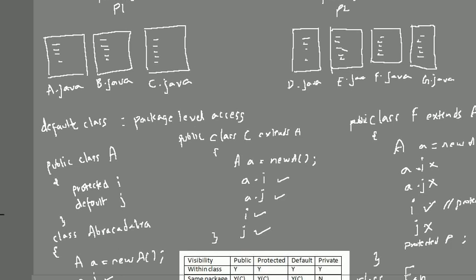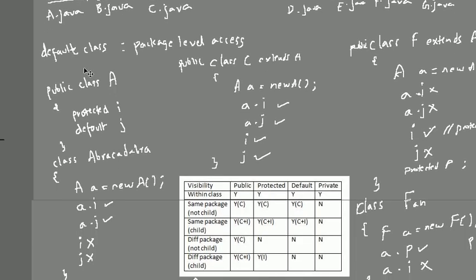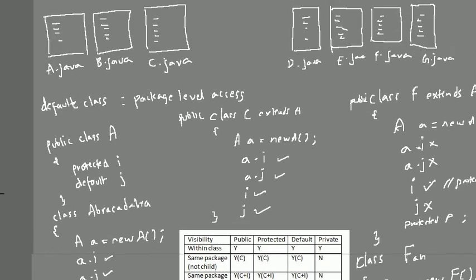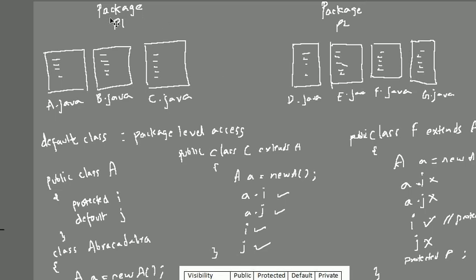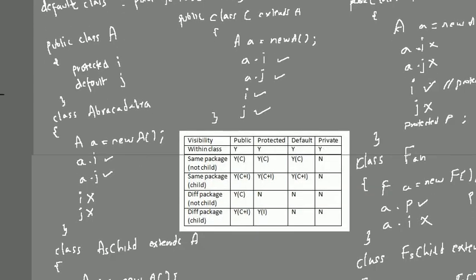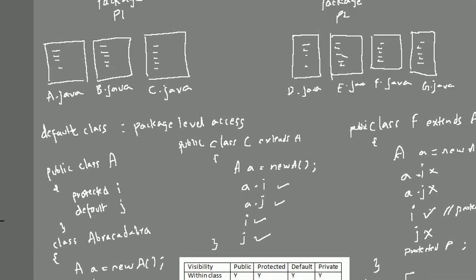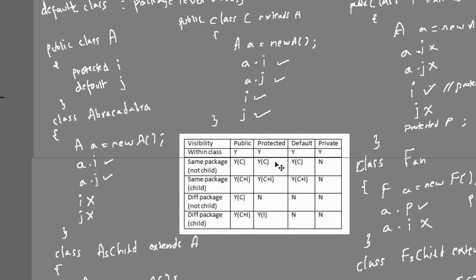Class A and class abracadabra are in the same package, which is P1. All these classes are defined in A.java. So in A.java, I have A, abracadabra, and a child of A, which is extending A. Abracadabra and A are in the same package, but abracadabra is not a child of A.